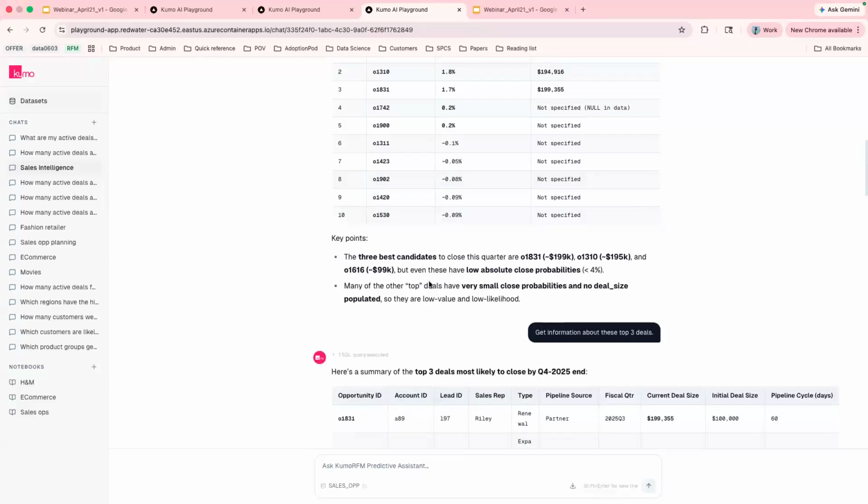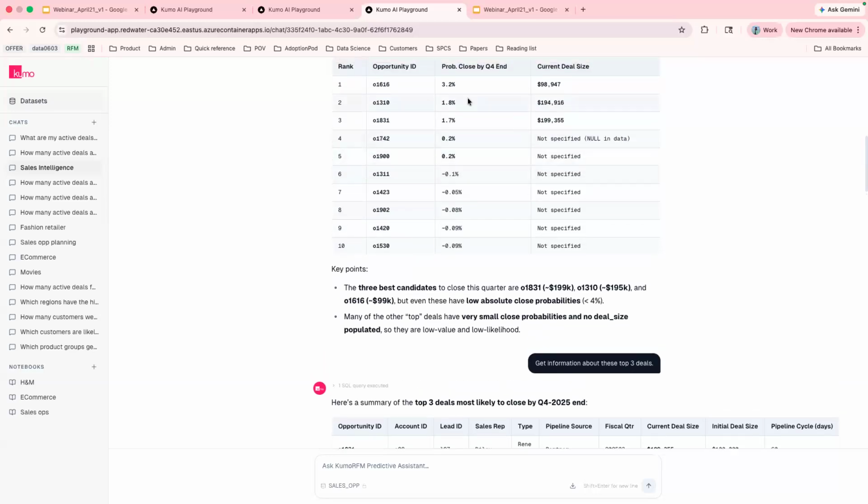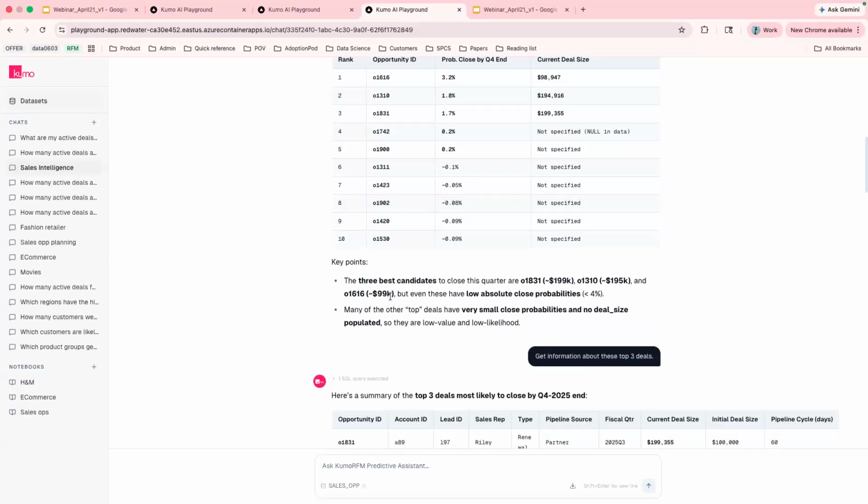It's calling out that there are these three best candidates whose likelihood is relatively higher than the other deals in the pipeline. But even these are under 4%. So this tells you that prioritization alone isn't enough. Something needs to change here.